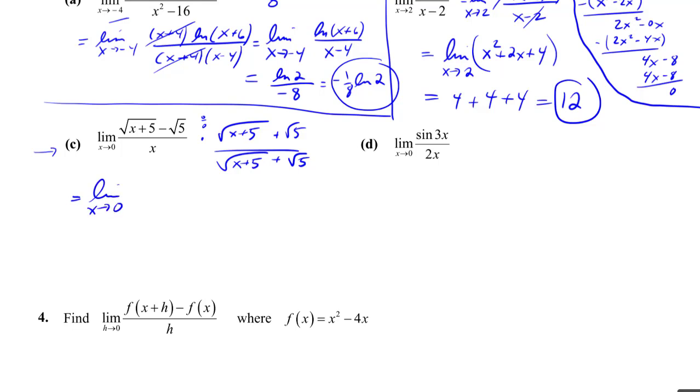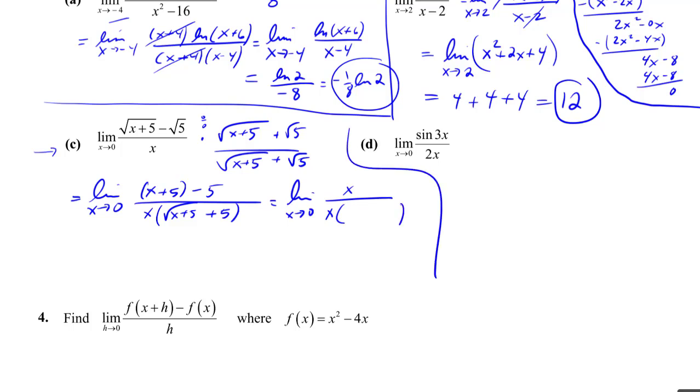So get the limit as x approaches 0. When I multiply that numerator, a squared minus b squared, I just get x plus 5 minus radical 5 squared, which is 5, over x times this whole mess, x squared, x plus 5. The top cancels to be just x, and then I have x over x plus 5, cancel.